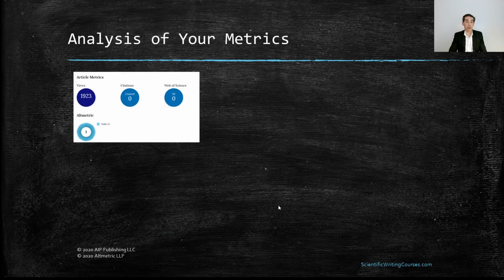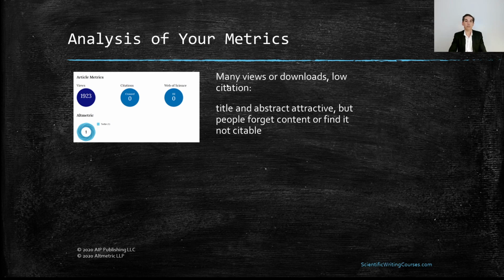The second analysis is regarding this example of these metrics. Notice that this is a real article. It has almost 2,000 views, but 0 citations in Web of Science or in Crossref, and just one Altmetric. So what's the analysis that you can make of this? Many views or downloads, but low citation.